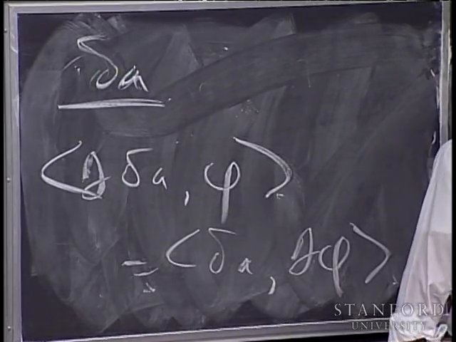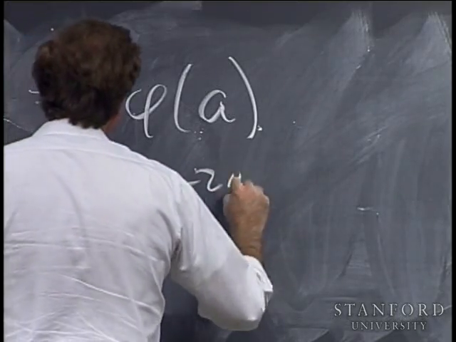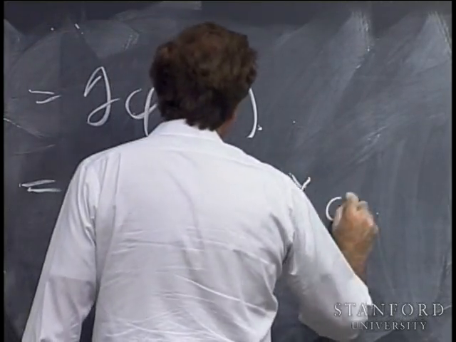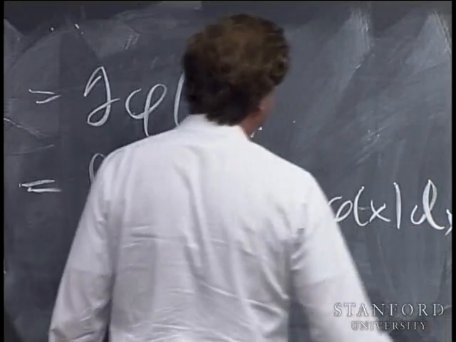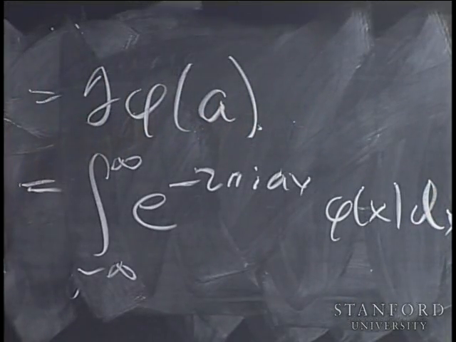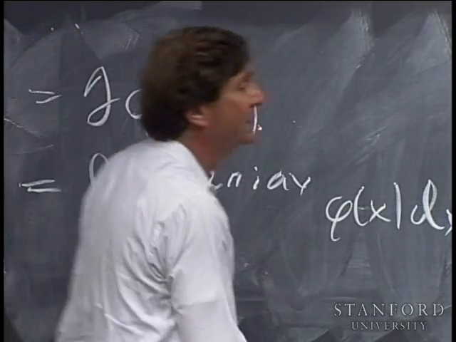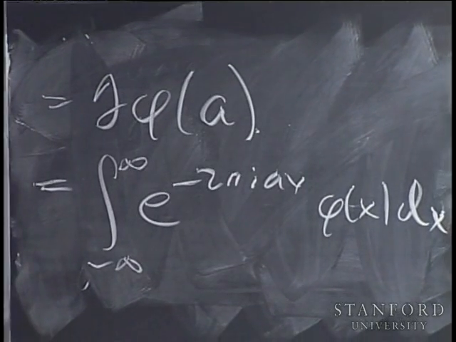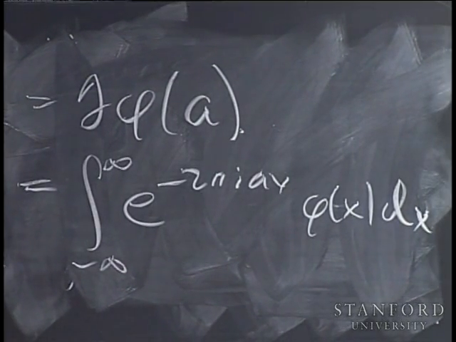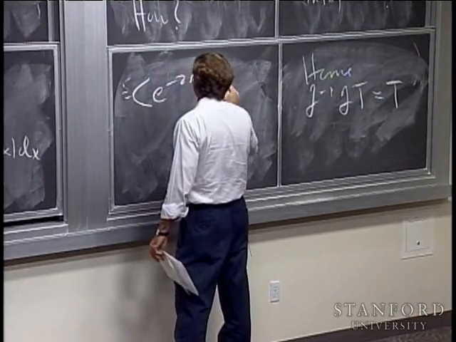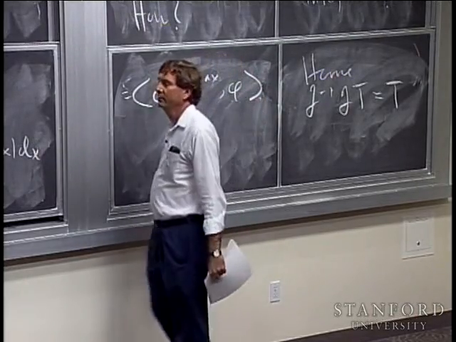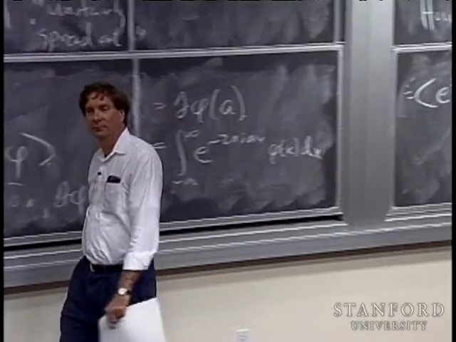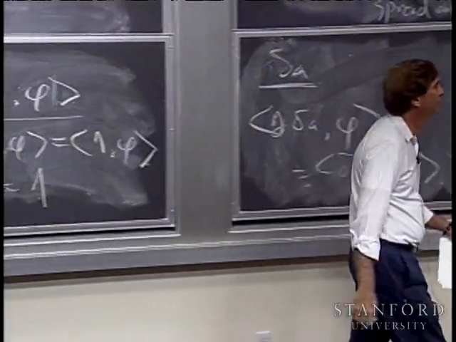It is the integral from minus infinity to infinity of e to the minus 2 pi i a x, phi of x, dx. And now, again, you have to look at this with new eyes, and say to yourself, this is the pairing of the complex exponential with phi. This is the pairing of e to the minus 2 pi i a x with phi. Where do we start? Where do we finish?